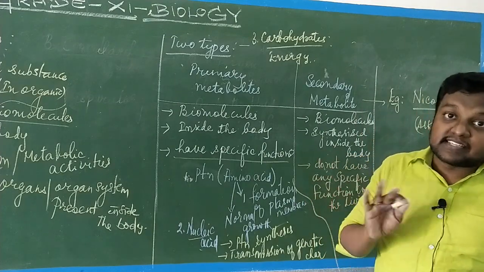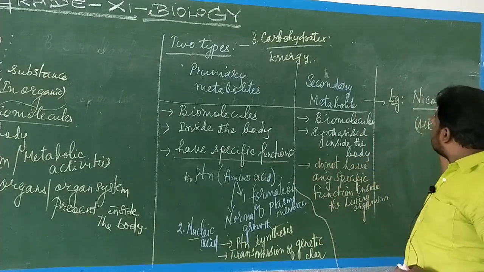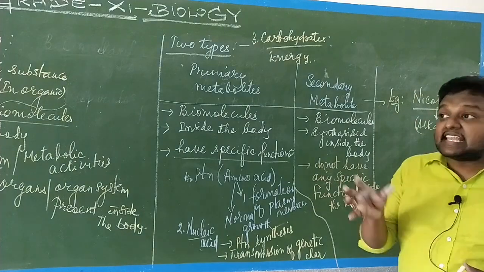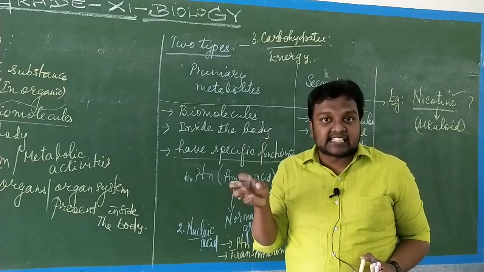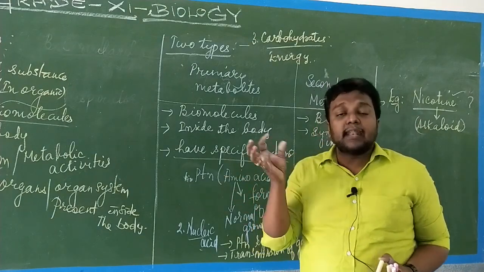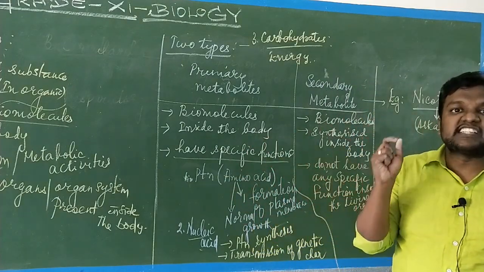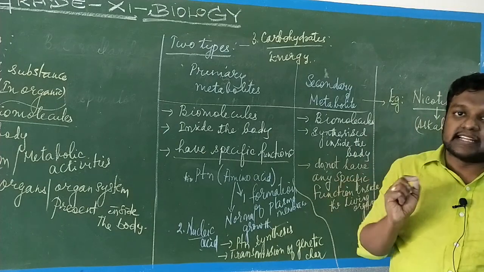What justification are they giving now? This nicotine has an insect repellent character. It is effective against various insects, beetles, worms. The beetles and worms come and spoil the tender leaves that are being formed.